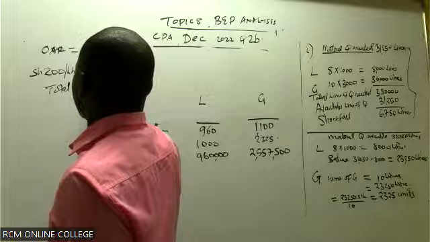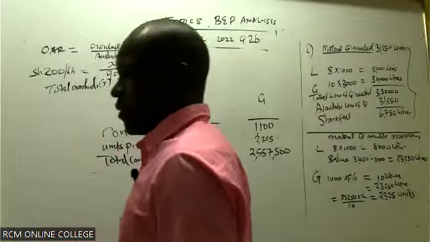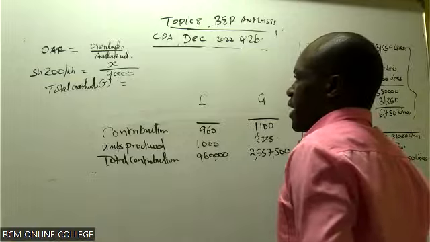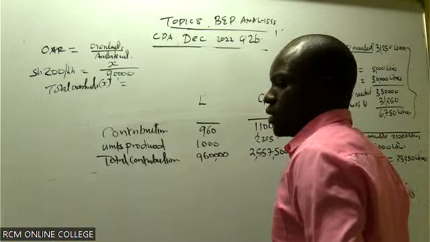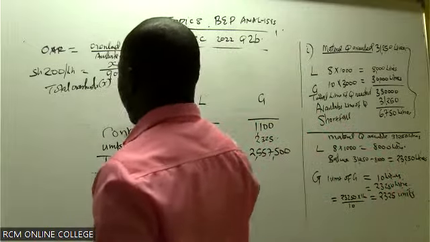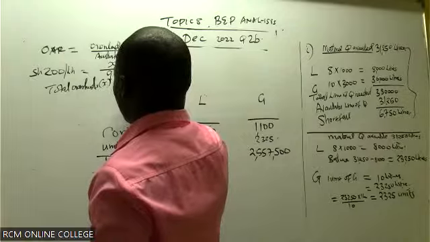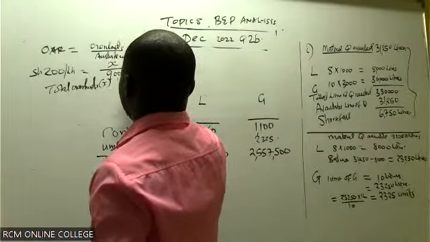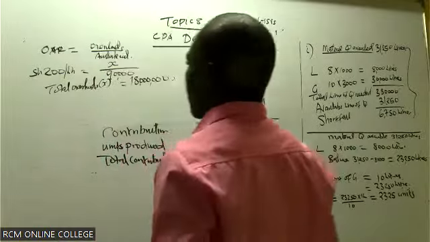X will basically be equal to 90,000 by 200. Everyone should be able to get X.